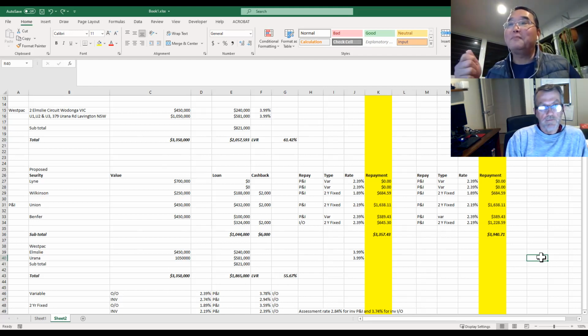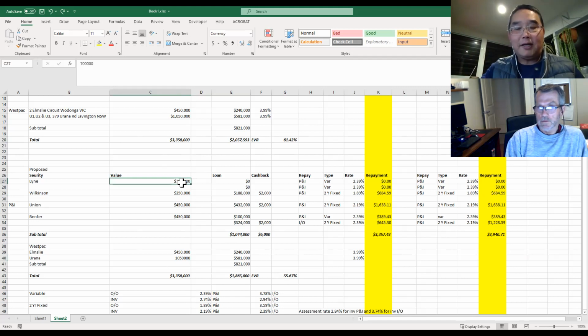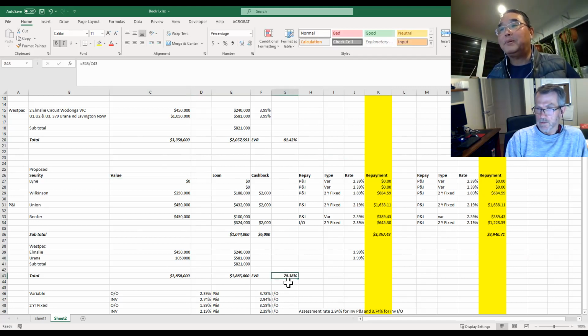Because the bank lends you money, using your property as security. But say if we take out this loan, this is 70.38%. If any of these three properties' valuation is slightly higher than these figures, then we can get 70%. And how would we find that out?